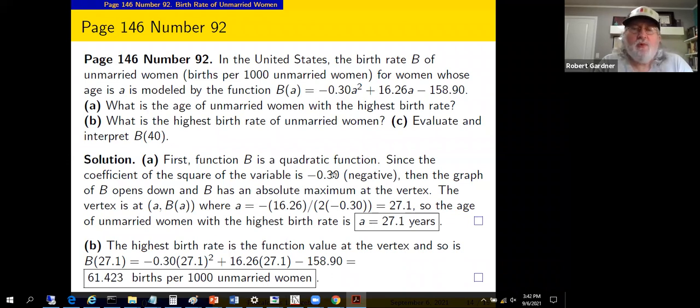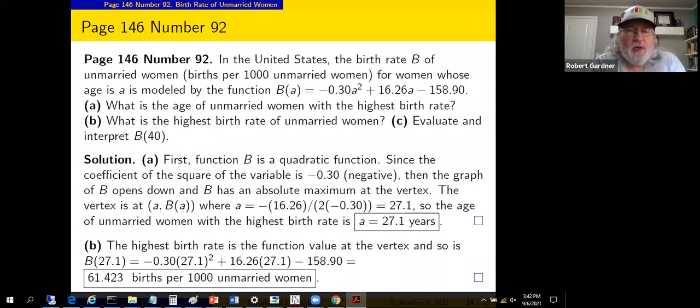The units were what? Births per 1,000 unmarried women. So 61.24 is the corresponding function value in appropriate units. So it's just a question about finding where the maximum is, part A, and what the maximum is, part B.